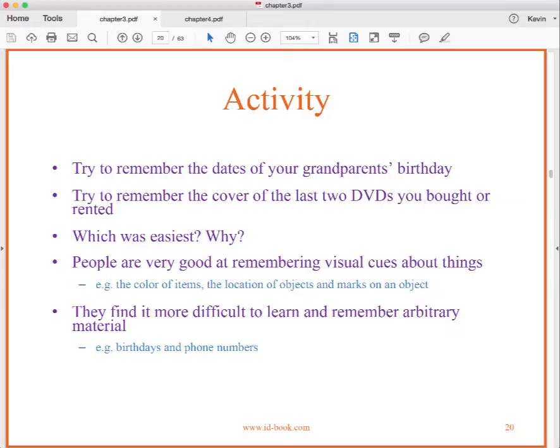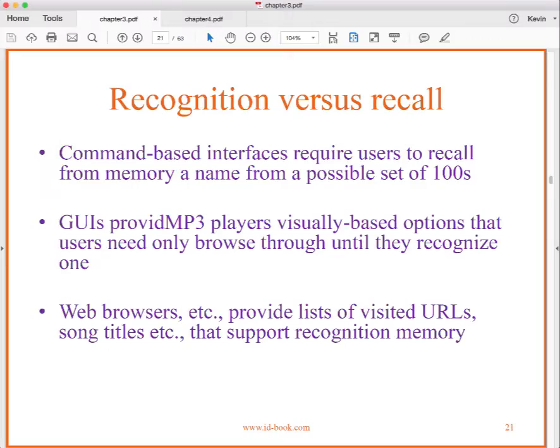And this storytelling aspect seems to be a very powerful feature. So people are good at remembering visual cues, and they find it hard to remember arbitrary material. And also things that have a story, I think, have a particular power, although that's not something that they mention in the text.